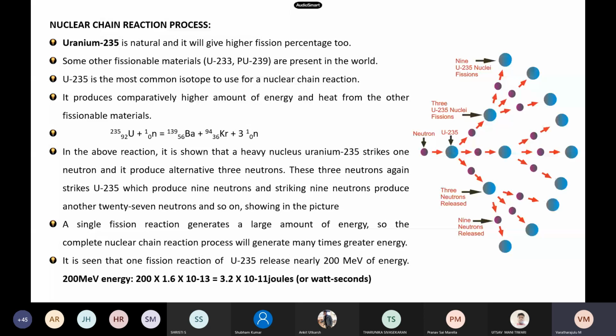That is equivalent to 1,700 tons of oil, which is equal to 4,500 tons of high grade coal. See, 4,500 tons of high grade coal. These are all the basics of nuclear fission and nuclear fusion.